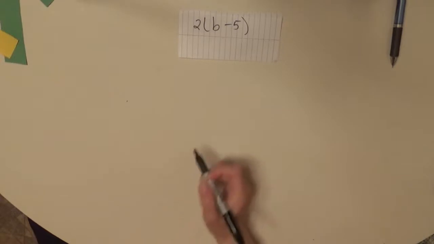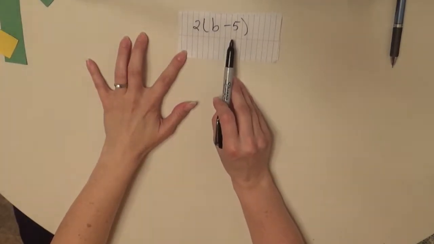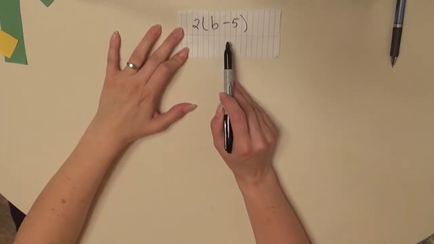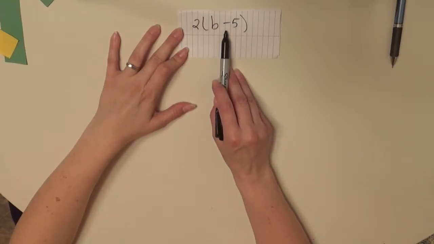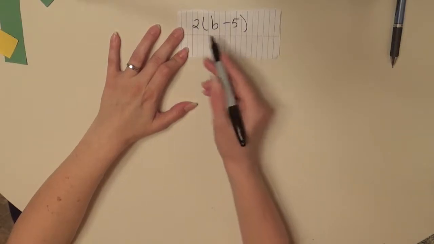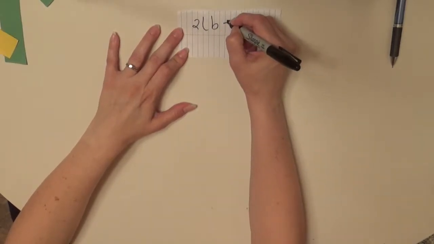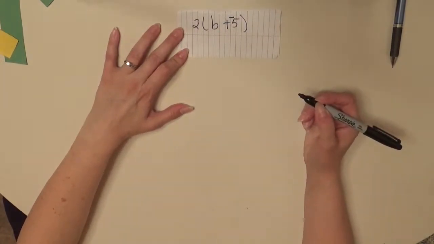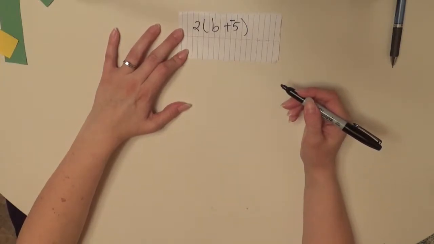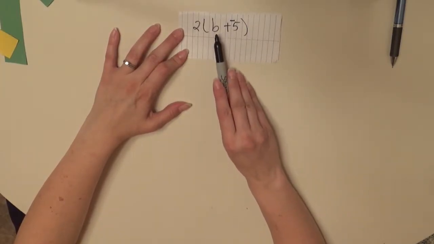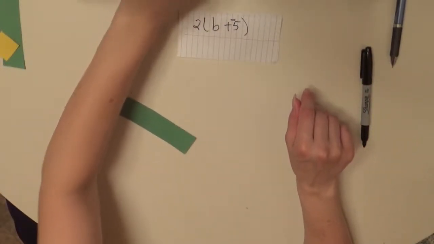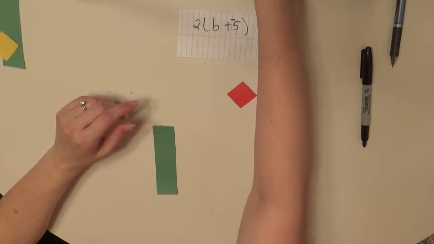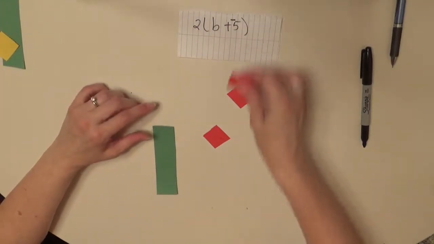Our next example is 2 times the quantity b minus 5. Before we do this, keep in mind, we know from rules for integers that subtraction is the same thing as adding the opposite. So we can think of this as plus negative 5. That's a little bit easier for us to model. So we want b plus negative 5. We're going to use our reds this time for the negatives.